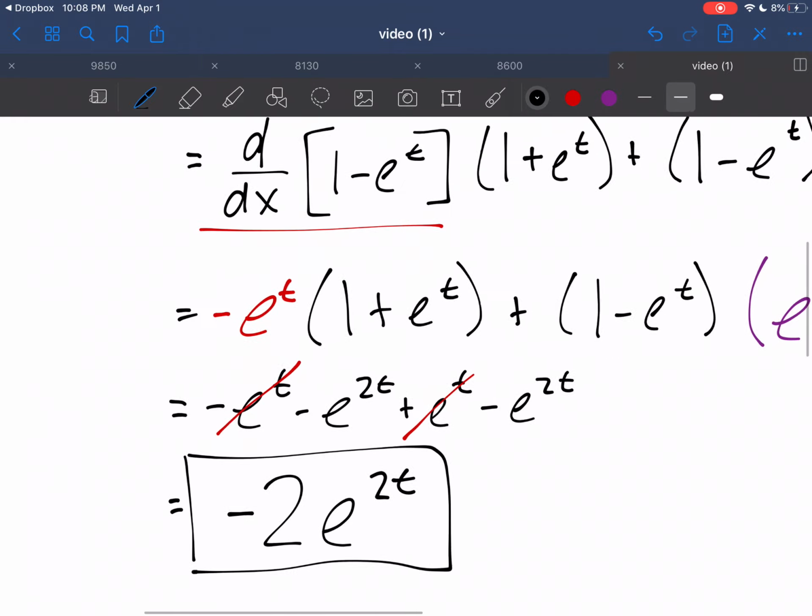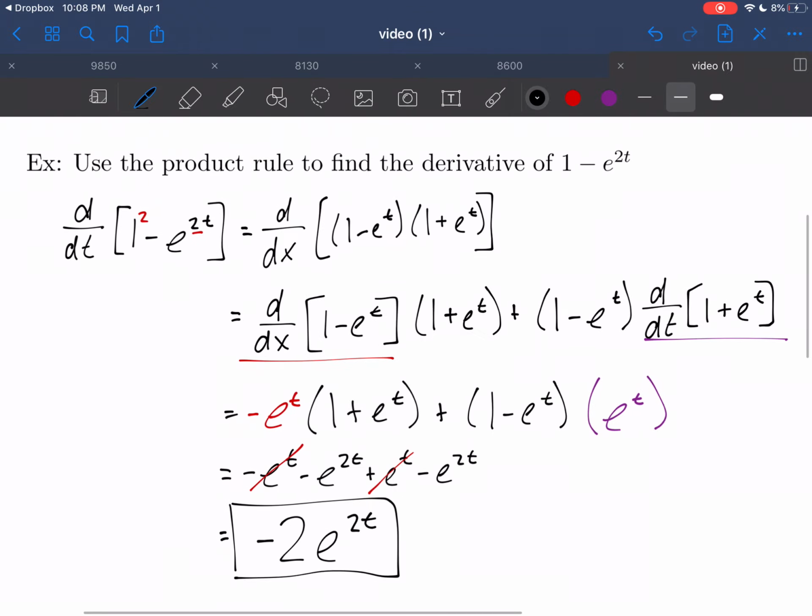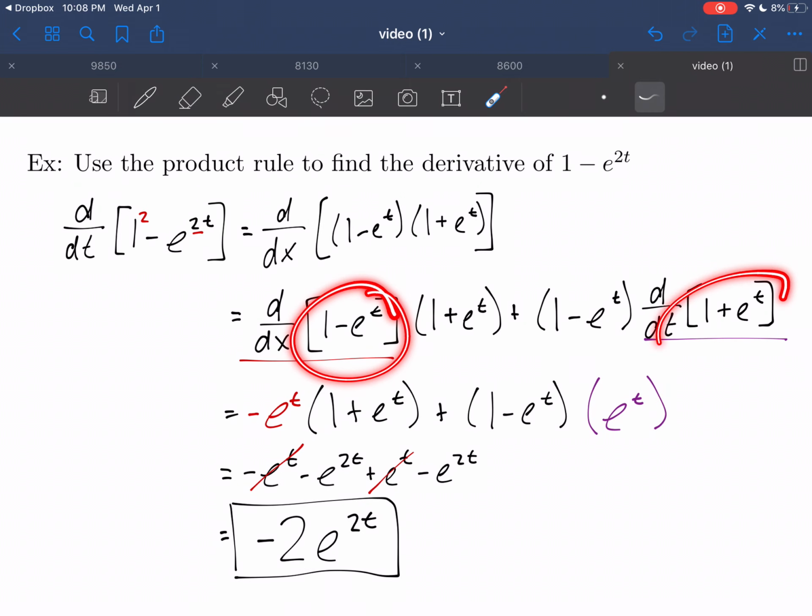So in that one we were again using the product rule, but not only were we using the product rule, we also had to use the sum and difference formula. We had to know the derivative of e to the t, derivative of a constant. So it's again that combination of the different rules.